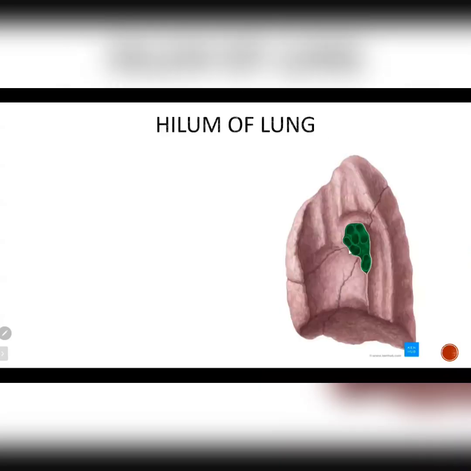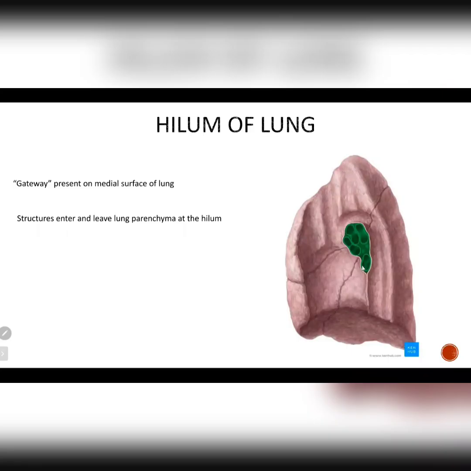There is an area in which structures enter the lung and certain structures leave the lung parenchyma. This is called the hilum of the lung. Another word for hilum is a gateway. Now we need to learn what are the structures which are present at the hilum.